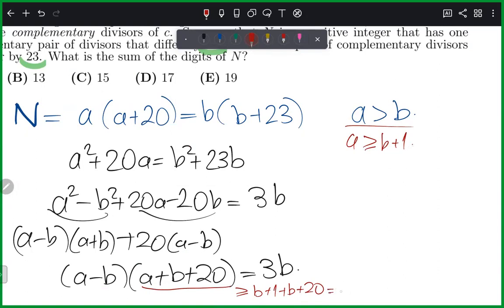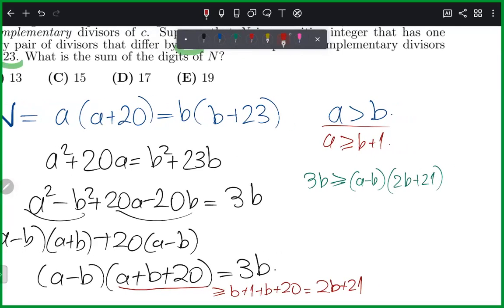So this quantity is 2b plus 21. Then let's write an inequality: 3b is greater than or equal to a minus b times 2b plus 21.